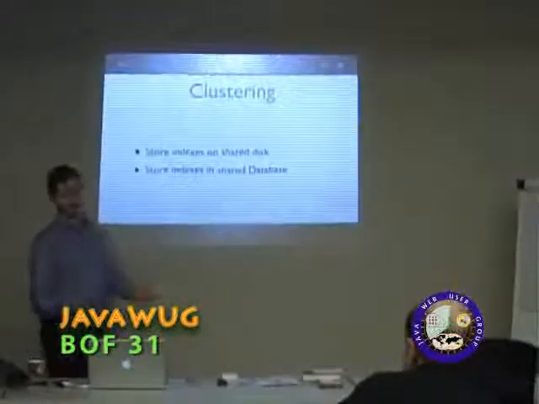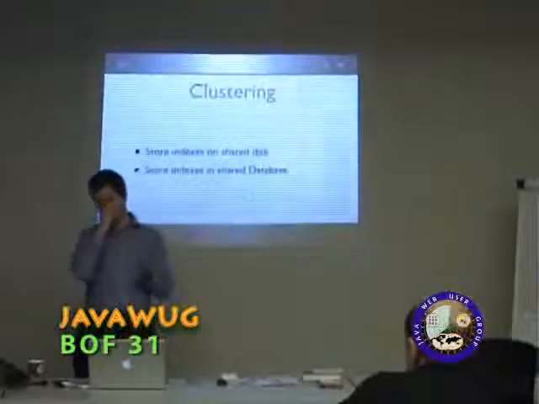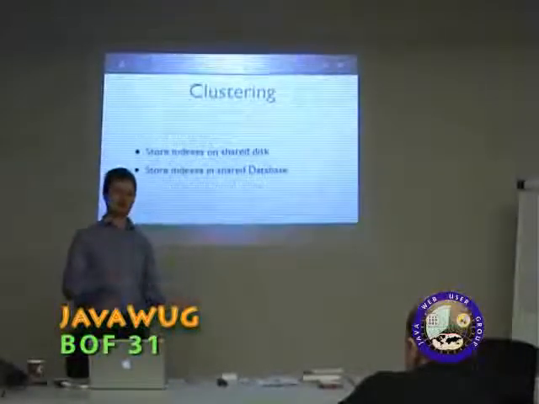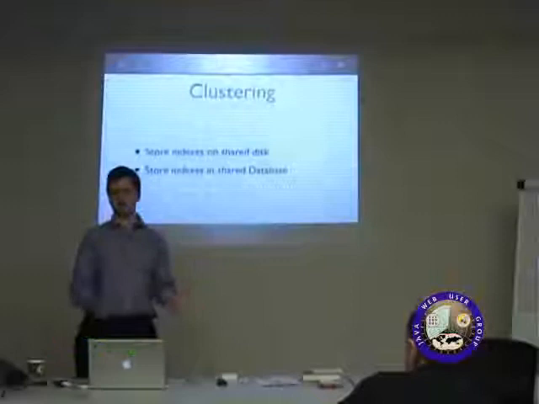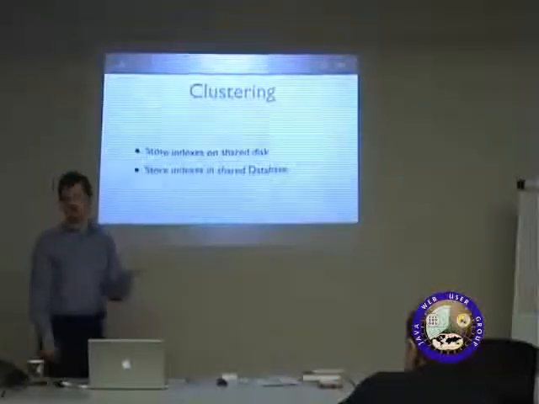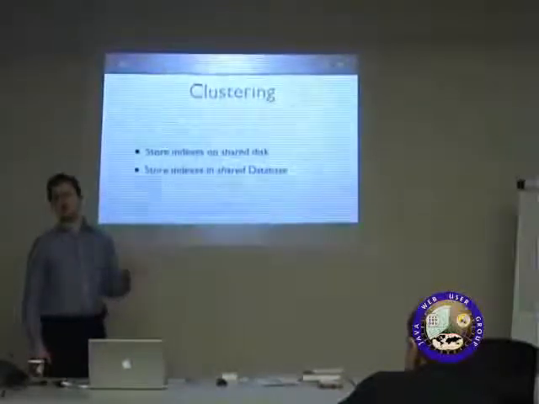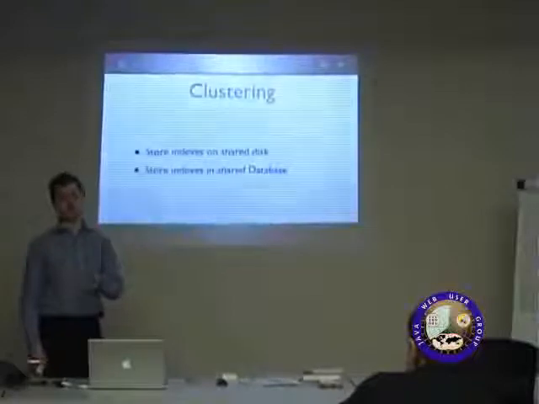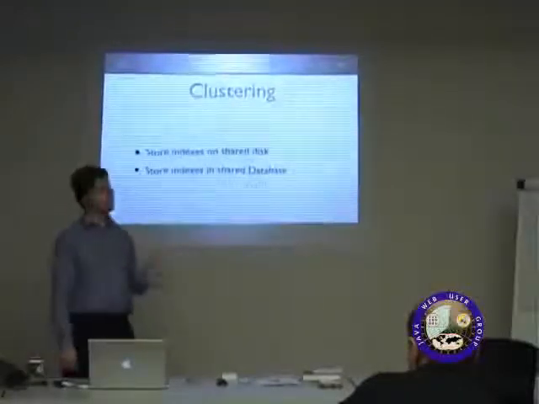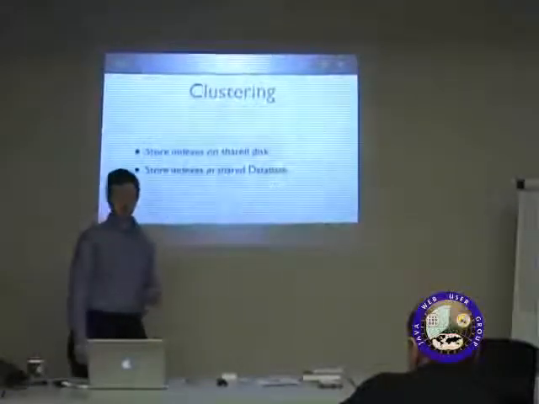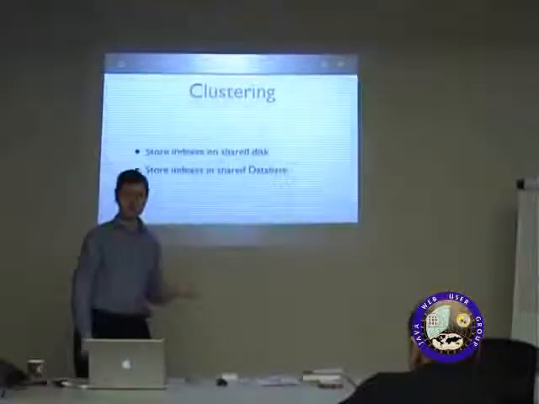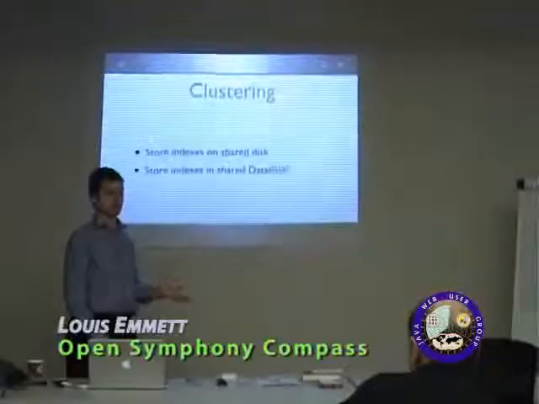So for clustering Lucene, clustering Compass, basically your choices are you either want to put it on a shared disk like a SAN, which is typically the easiest option, or you want to go with a database. You can, obviously, because you can store your indexes in a JDBC database.